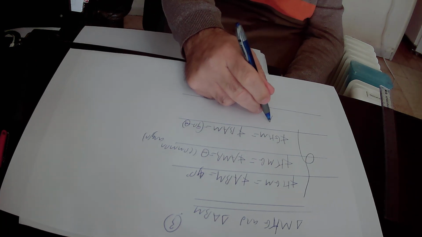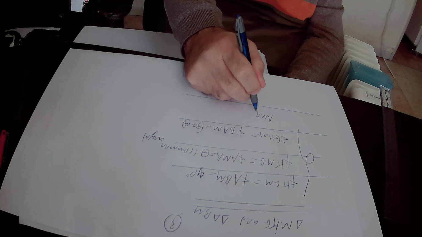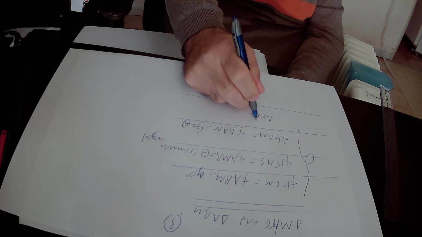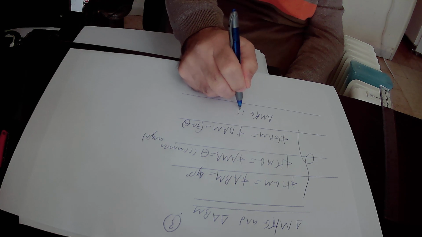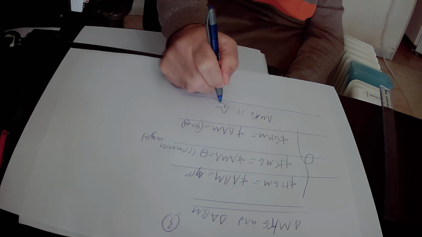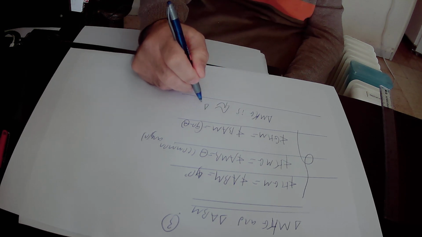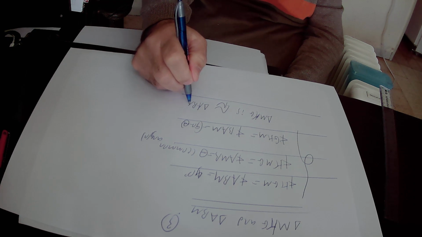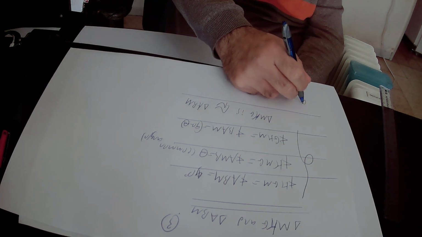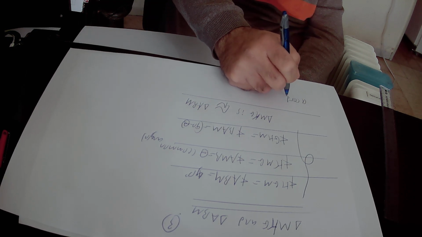Therefore, the big triangle MKG is similar to the small triangle ABM according to the angle similarity rule.